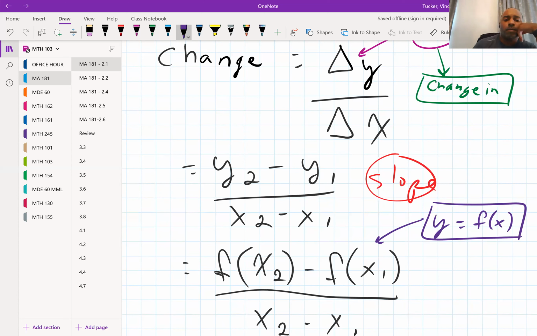So you may see f of x2 minus f of x1 in place of y2 and y1. So these two are the same, and these two are the same.